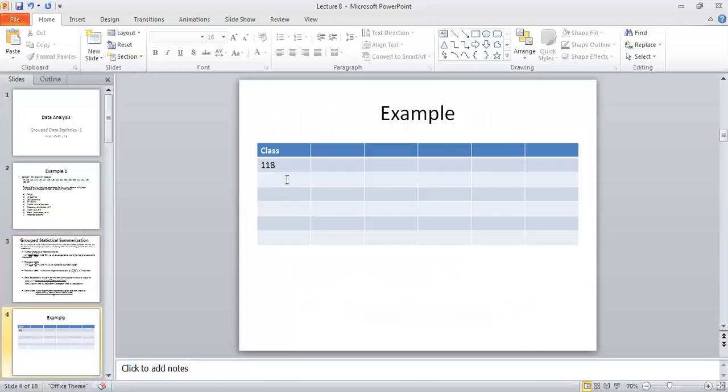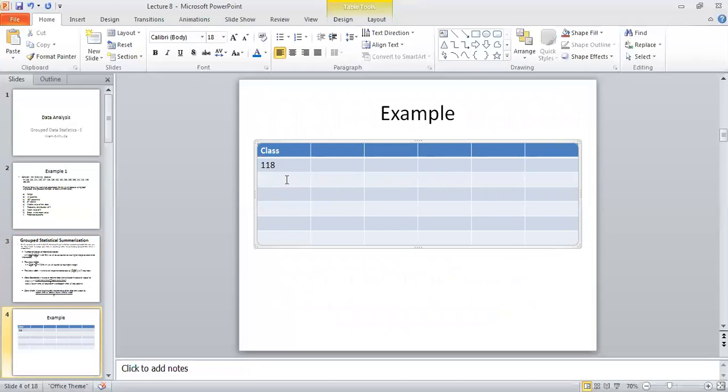We have got 118 over here. The h value was rounded up to the integer 8, from 7.2 to 8. So 118 plus 8, that is 126, is going to become the lower limit of class 2. Then 126 plus 8, that is 134, is going to become the lower limit of class 3.